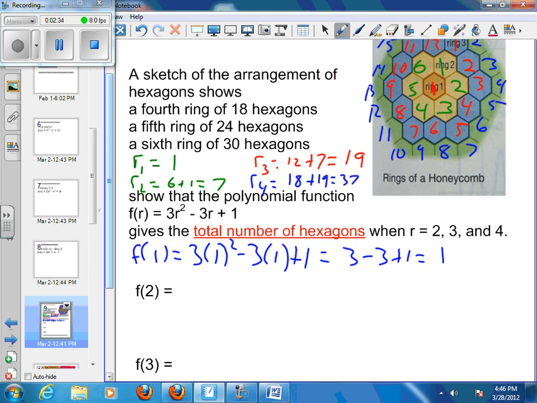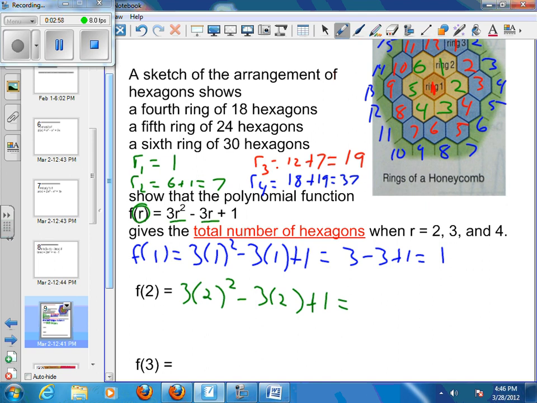Now if I look at f sub 2. So f of 2, that would be 3, and I fill the 2 in everywhere I see the r. So here's my r, and there's my 2 r's. So I'm going to fill that 2 into my function wherever r is. And so that's 3 times 2 squared minus 3 times 2 plus 1.